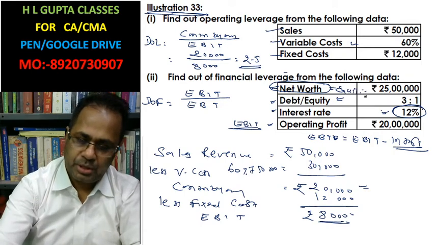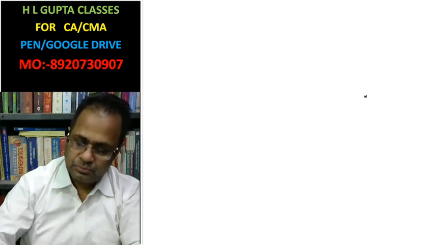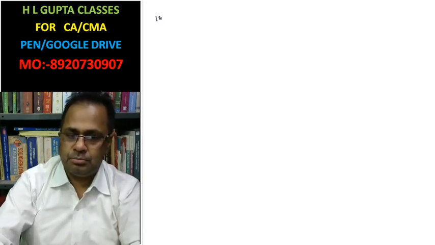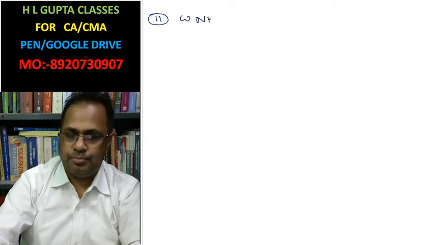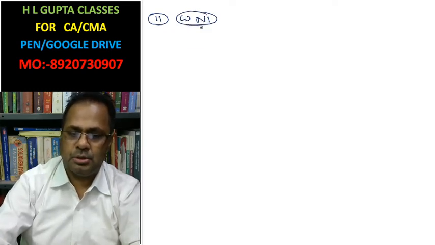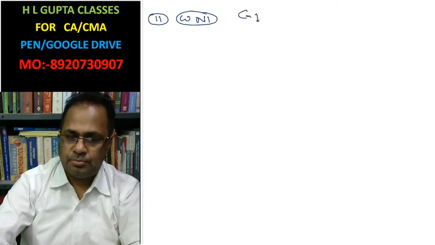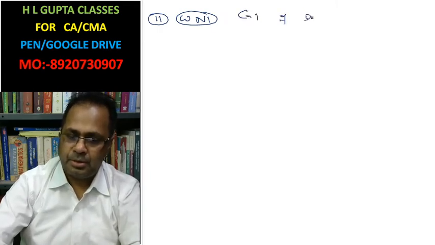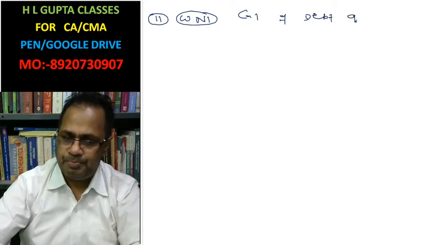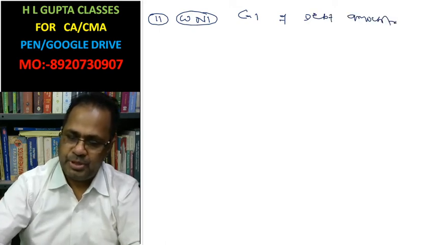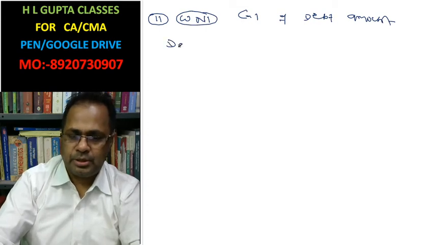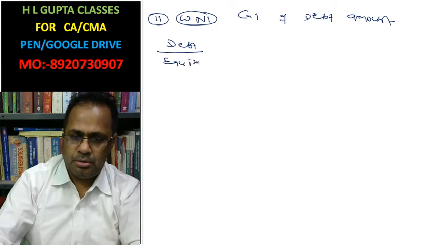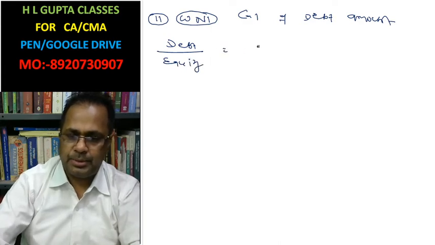Okay. Now, in the second part, working note first. Calculation of debt amount. Debt equity ratio is given, 3:1.